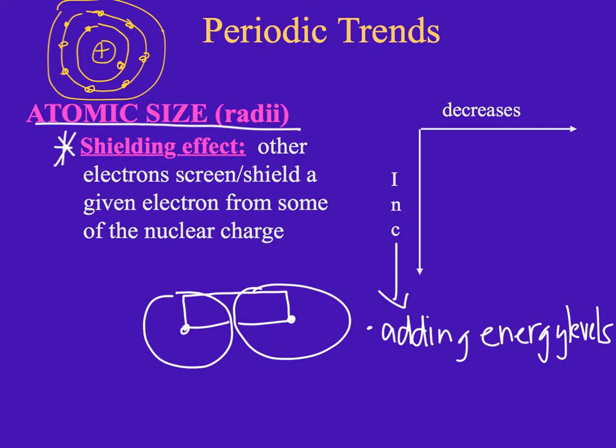And then I'm just going to put 1 electron in the third energy level. All right, so let's pretend that the nucleus here is the stage. You're at a concert, all right? Obviously, if you have front row seats, or you're in the first energy level, you're going to be really attracted to the nucleus, right?